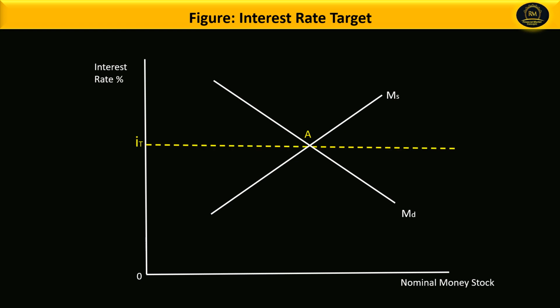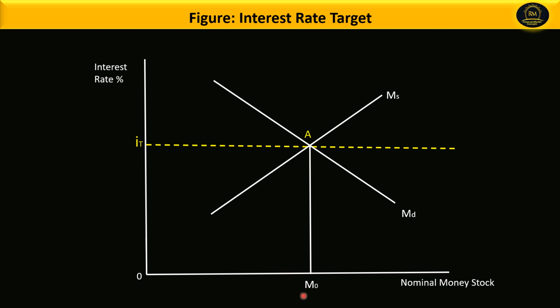gives the rate of interest, which is taken as the targeted rate of interest IT, and the money stock is M0. So if the demand for money is as expected at MD, the equilibrium is at point A, and the intermediate interest rate target will be achieved at IT and money stock at M0.